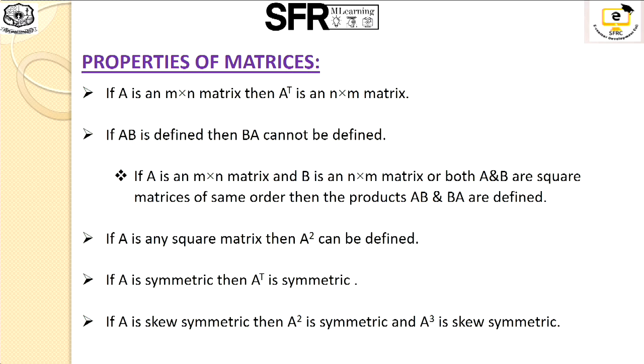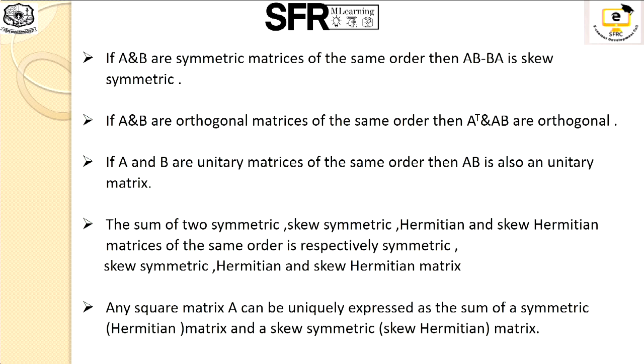If A is symmetric, then A transpose is symmetric. If A is a skew symmetric matrix, then A squared is symmetric and A cube is skew symmetric. If A and B are symmetric matrices of the same order, then AB plus BA is symmetric and AB minus BA is a skew symmetric matrix. If A and B are orthogonal matrices of the same order, then A transpose and AB are orthogonal matrices.